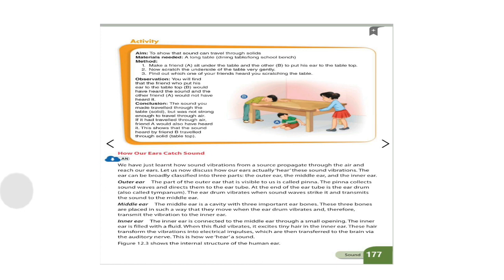The outer ear, the middle ear and the inner ear. From there to the last paragraph: Inner ear. These hair transform the vibrations into electrical impulses which are then transferred to the brain through the auditory nerve. This is how we hear a sound.